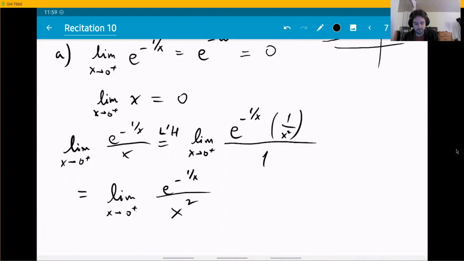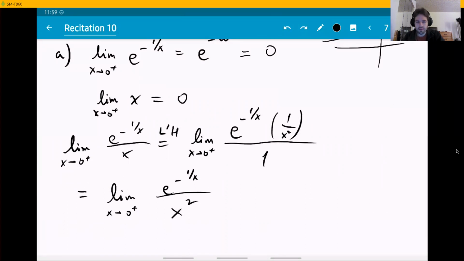Which, well, it looks more complicated than the original limit, right? The original just did not have the square here. It was just x, and now it is x squared. So this is not helpful for you. Yes, this is correct. Sorry, I was double checking my work.